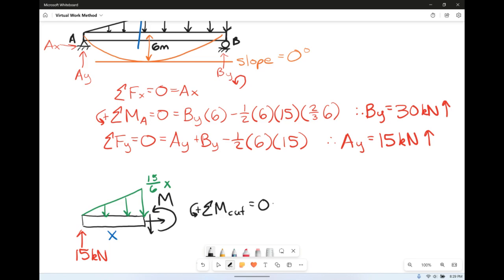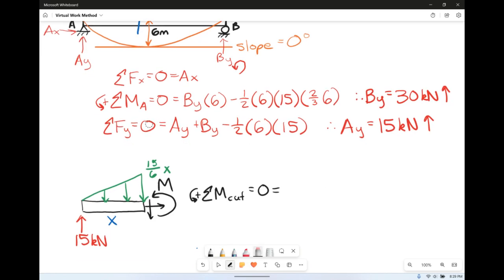And we're going to write out our equation for what the internal moment is in terms of x. So we're going to start left to right. We have our 15 kilonewton force. It's going to be going this way around, that's going to be negative. So minus 15 kilonewtons times its distance of x.